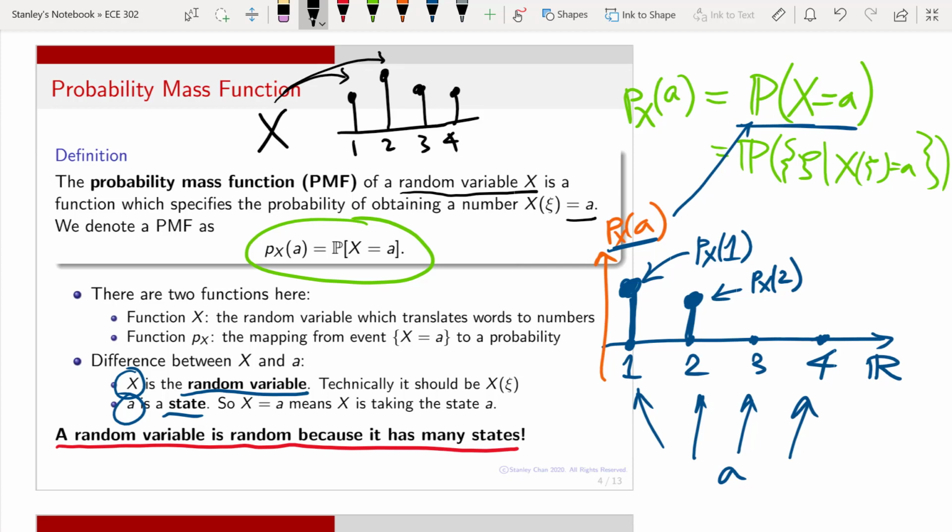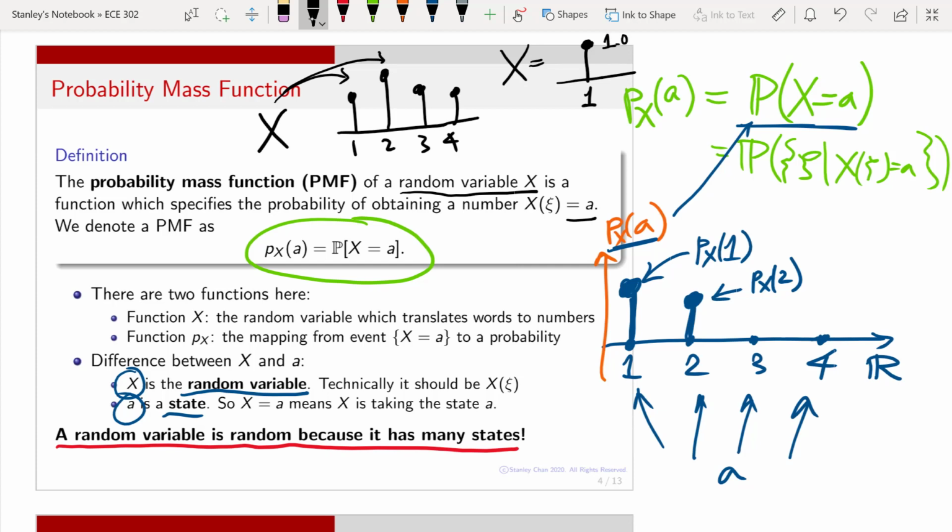Now, if x is a deterministic number, and it is always giving you the value of 1, there's no other possible state, then it is really just one pulse. A random variable can have multiple pulses. Here this number will always be 1.0.